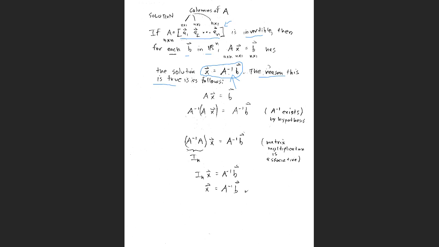If we consider the matrix equation A times X equals B, it will have this solution X equals A inverse times B. That's true simply because, as I showed all along here, and I think I have covered this before, this is the justification why. Are there any questions on this justification here?